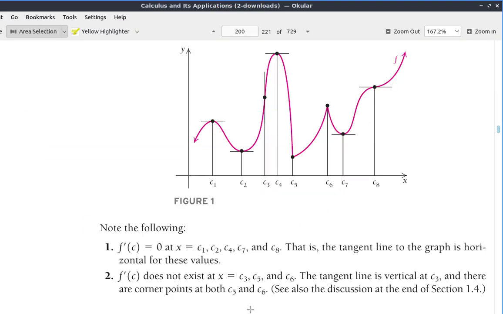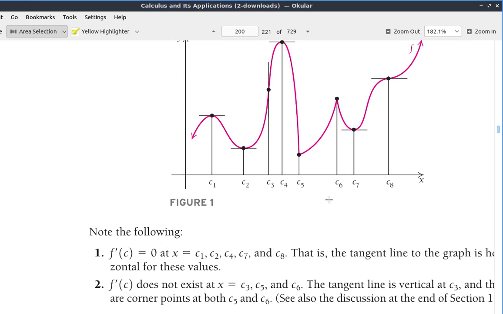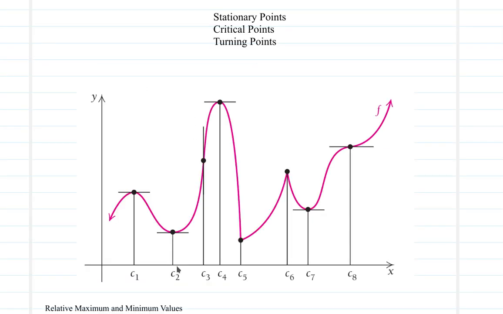So here, we're looking back at this, f prime of x when you differentiate. But before we talk about this, let's look back at our screen over here. You see at C1, you will see a horizontal line here.